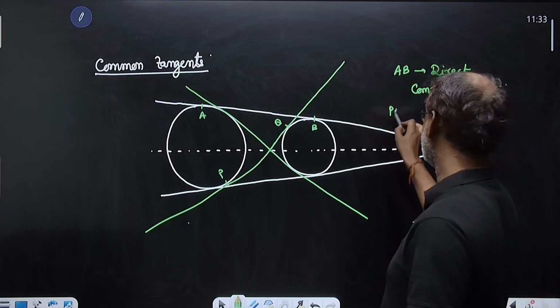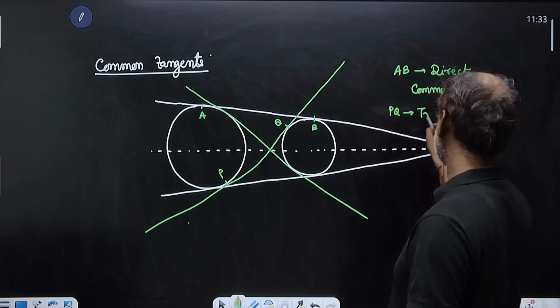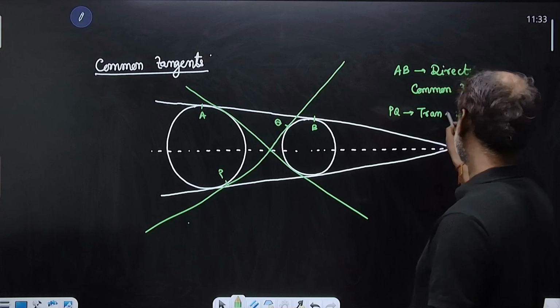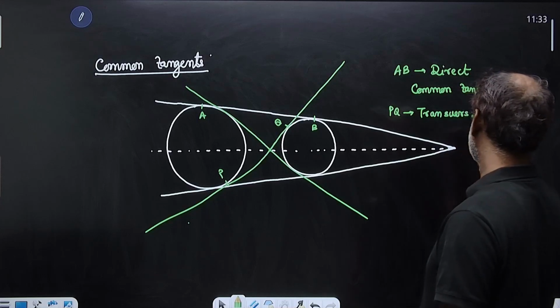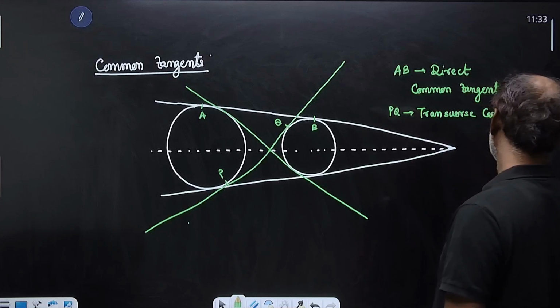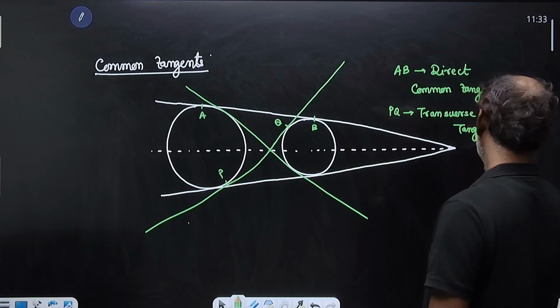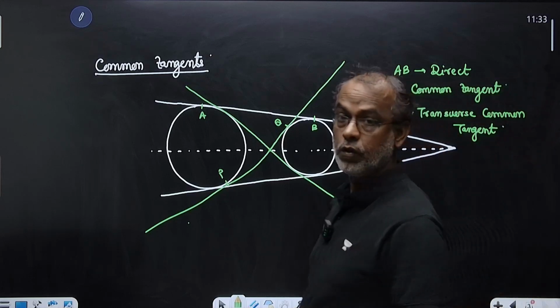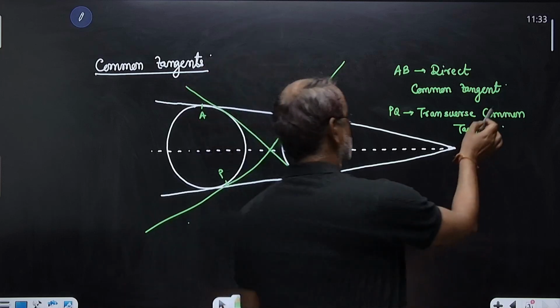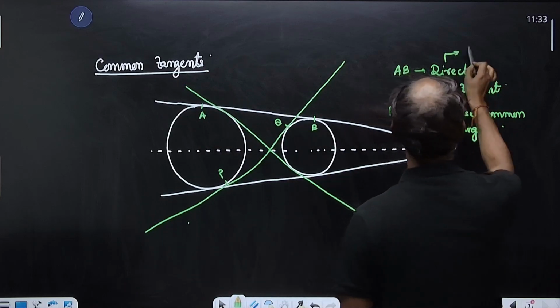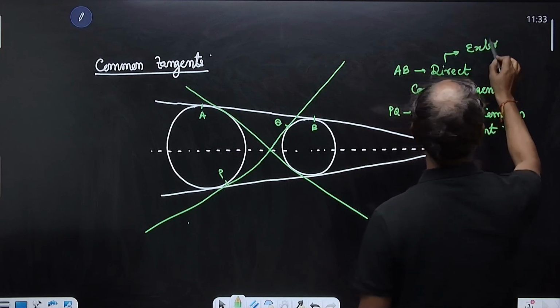PQ is the transverse common tangent. Now, this is also called the external common tangent.